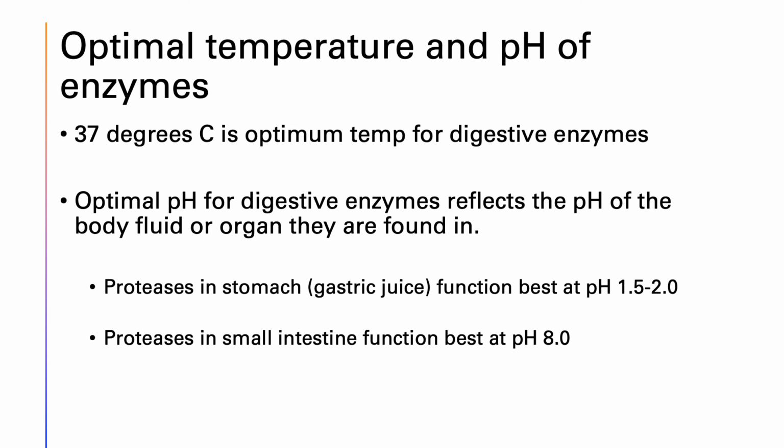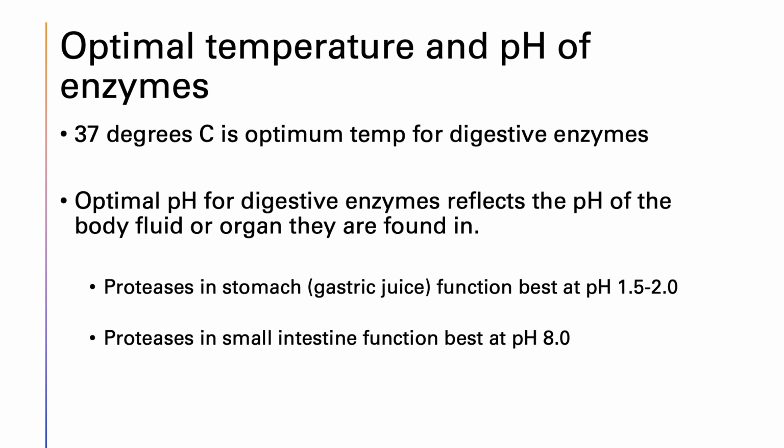The stomach is an incredibly acidic environment, so all of the enzymes that help with chemical digestion in the gastric juice will function best at a lower pH, around 1.5 to 2. That's because the stomach itself is very acidic, so these enzymes can handle that acidity and actually function best at the lower pH.